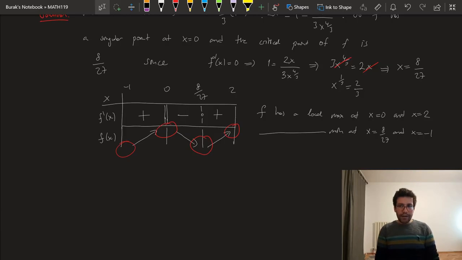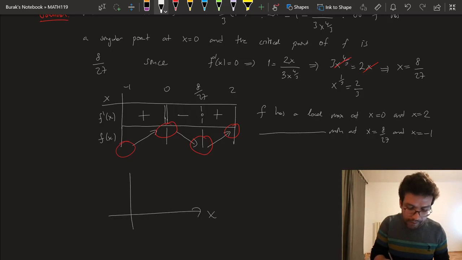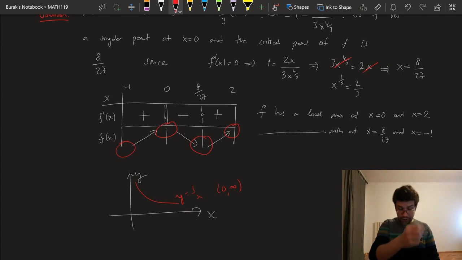What do you do? First of all, you have to be very careful because the absolute max and absolute min may not exist. Okay, we've seen examples of this before when we covered the min-max theorem. For example, if you look at the function y equals 1 over x on the interval 0 to infinity, there is no absolute max and there is no absolute minimum.